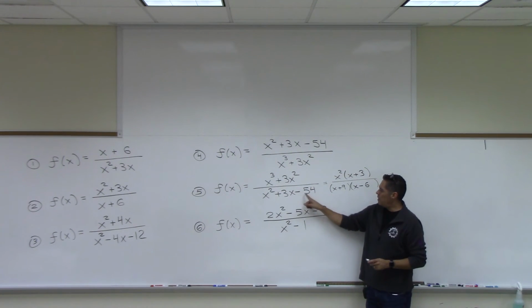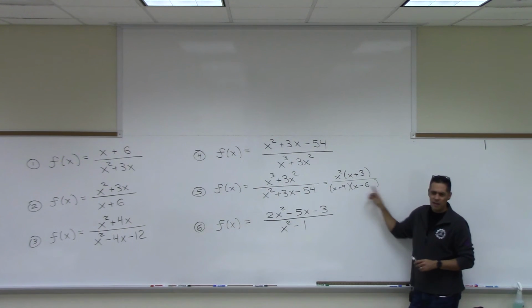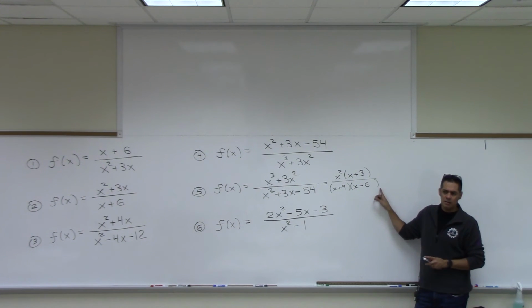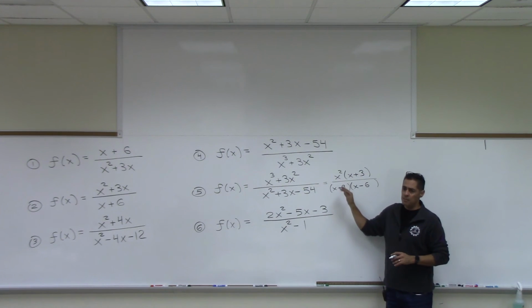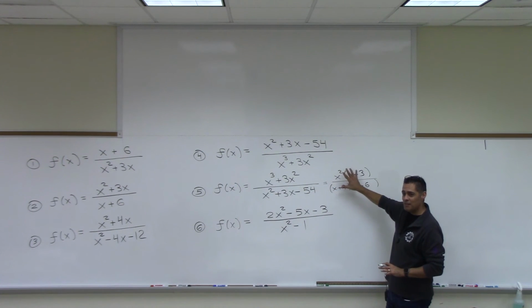What two numbers multiply to be negative 54 but add up to be positive 3? It's positive 9, negative 6. I'm not showing this, but I'm trusting at home you could factor this if you were given enough time.